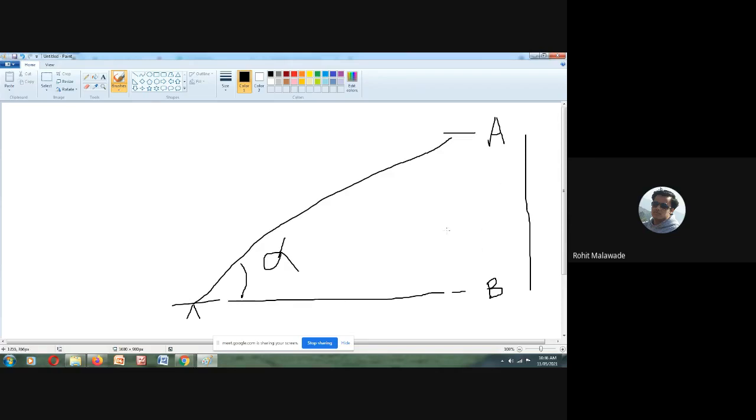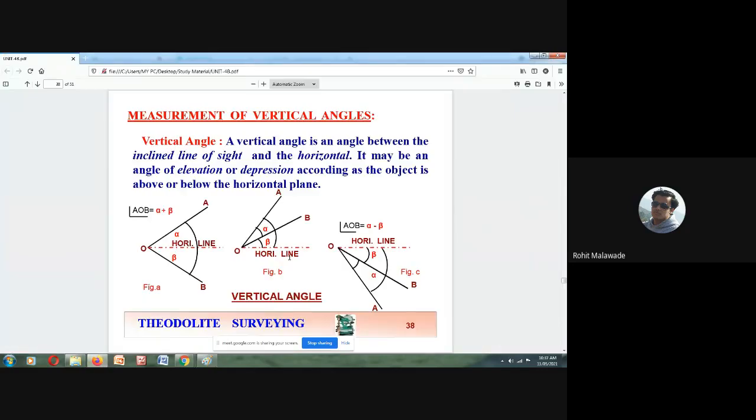That we are going to see. This is the vertical angle that we are going to measure. So here is your theodolite, and how you are going to measure the angle, we will be seeing in this particular class. Okay, now we will directly move.